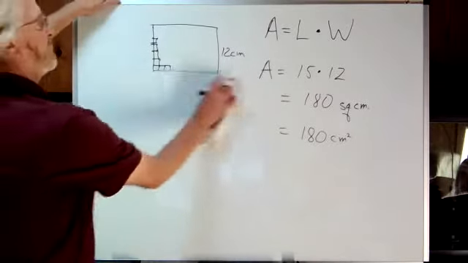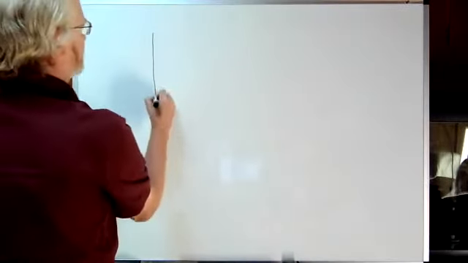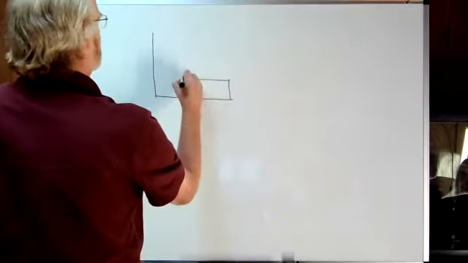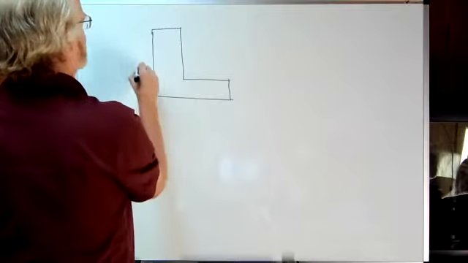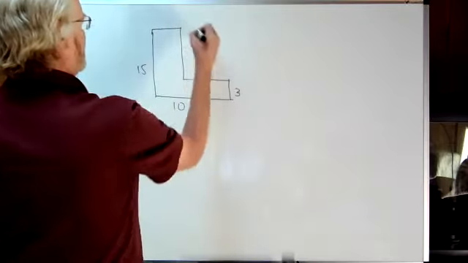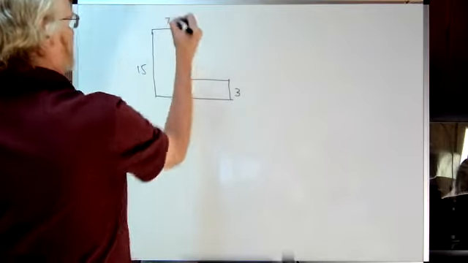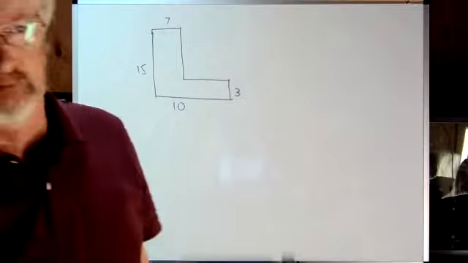Let's go back to that other rectangle, something like that. If I've got a figure like this, and let's say this is the 15 and this is a 10, and this was 3 and call that a 7, whatever I made up, doesn't matter. What's the area of that figure?